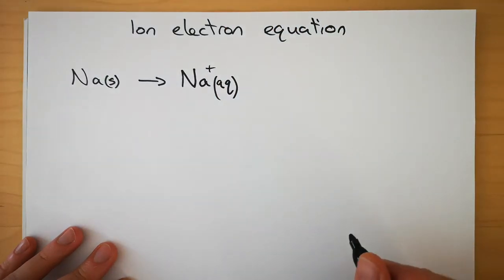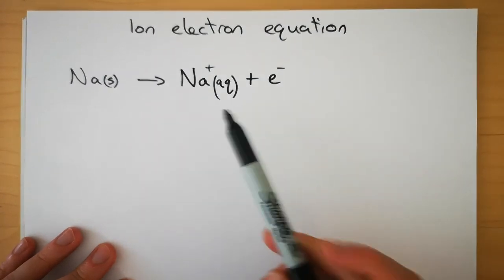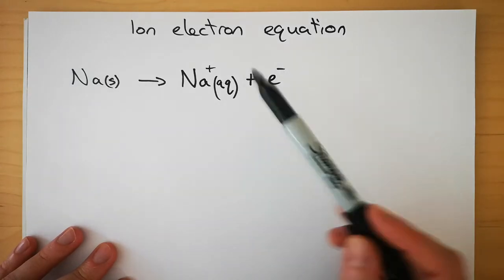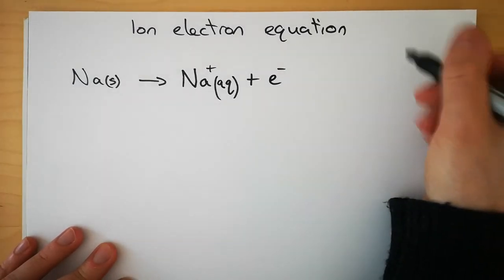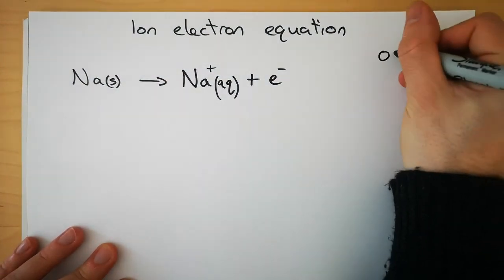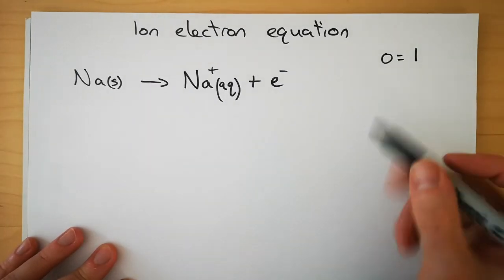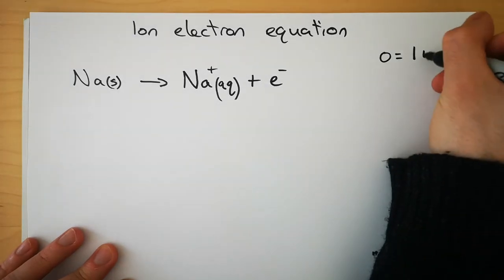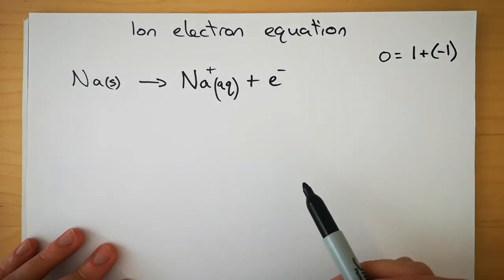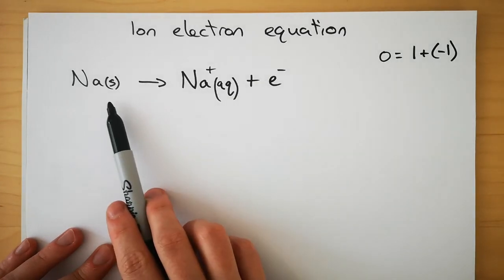It's going to gain a positive charge, and that electron has to be on this side of the equation. Every equation must have whatever's on the left-hand side equal what's on the right-hand side. So if I put up here, there is no charge on that sodium, so there's 0 charge. Then that equals a positive charge of 1. If we want to get that to 0, we need to add a charge of -1, and our electron's got that charge of -1. So that's basically 1 plus 1 negative equals 0.